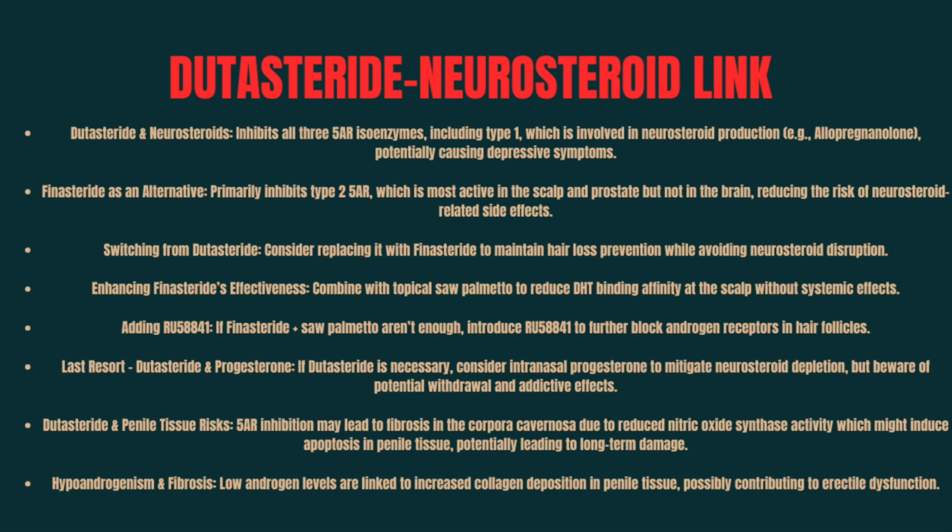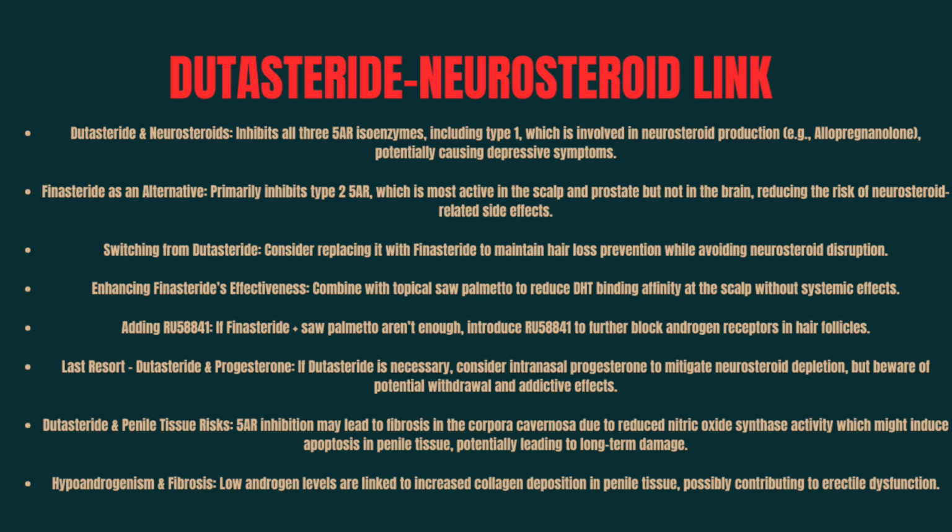Another consideration is hypoandrogenism is thought to cause fibrosis within a certain part of penile tissue through collagen fiber deposition and the inhibition of nitric oxide synthesis, because basically, by the way, hypo and hyper are opposites.